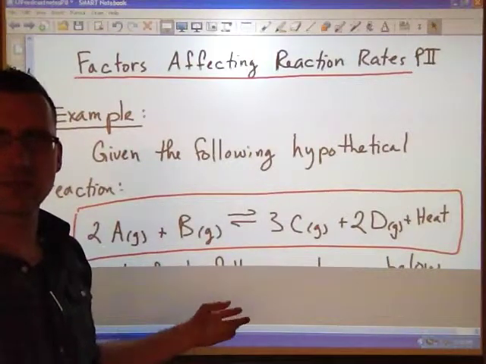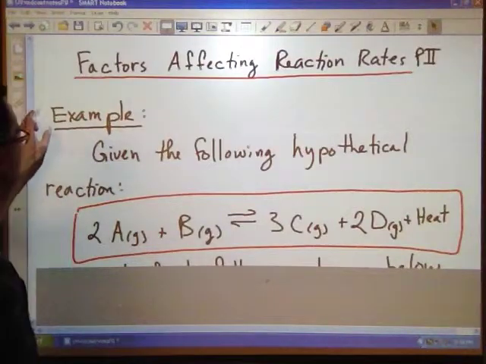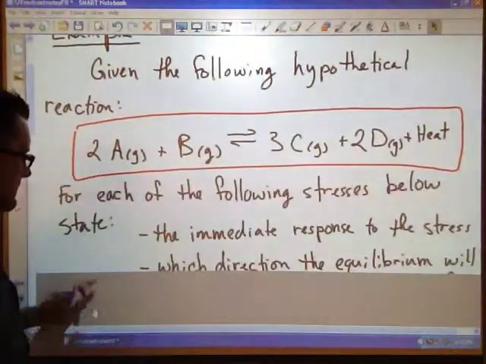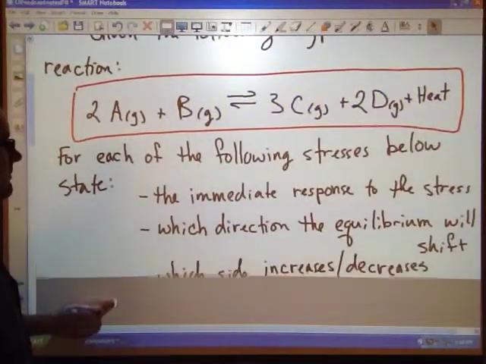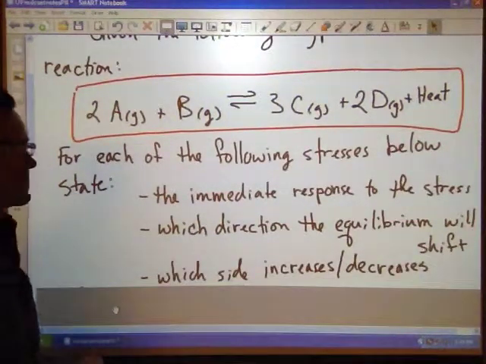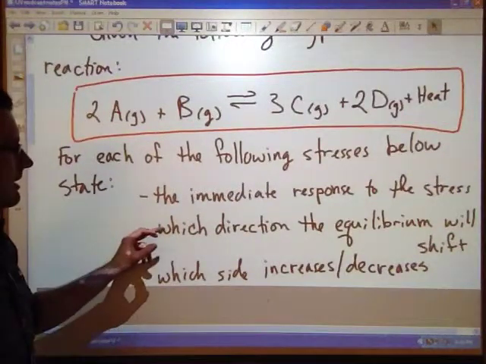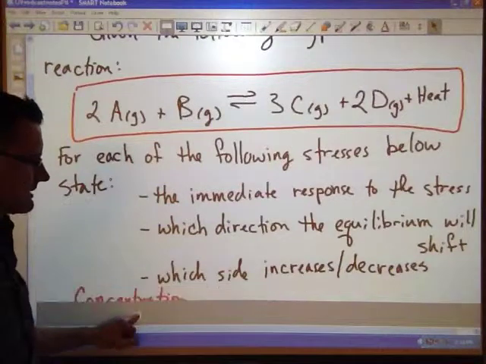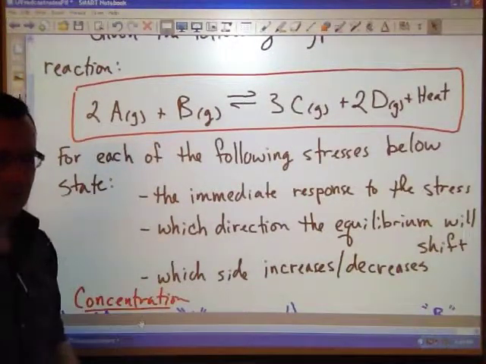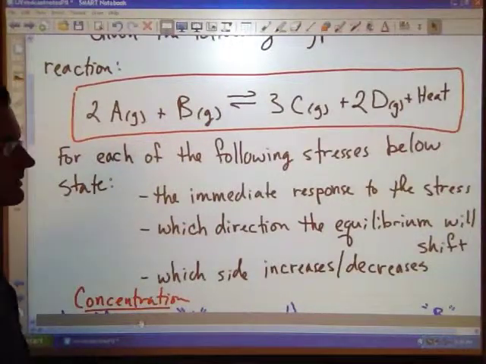So the way this is set up, we'll be able to look at all of those factors to see what will happen. Just like the seesaw example, once I have what the stress is, I'll state what the immediate response to the stress is, figure out which direction the equilibrium will shift as a result, and then when it does move that way, what increases and what decreases as a result.